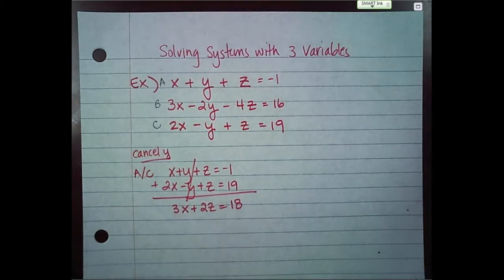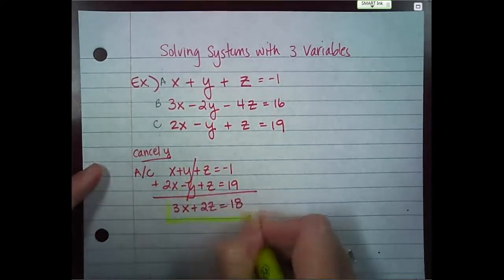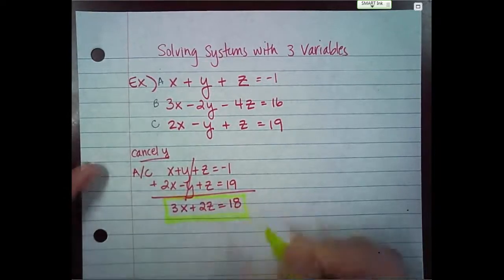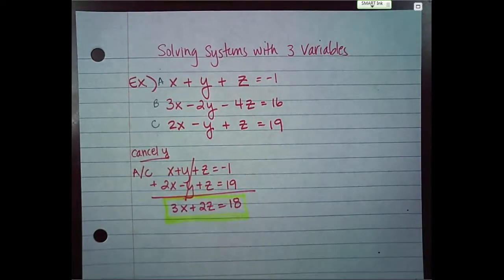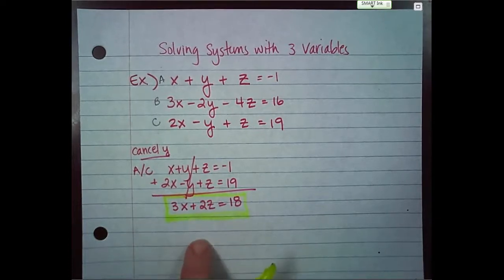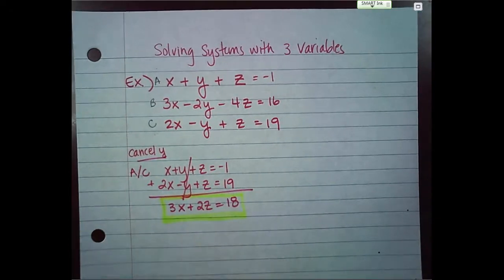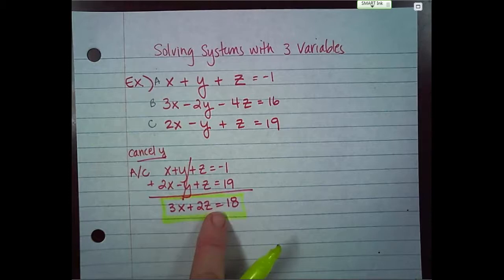How many variables do I have now? Only 2. Much more reasonable than what we're used to. But when you solve the systems, how many variables? There's 2 variables and 2 equations, right? I only have 1 equation. So your goal is to get another equation with which two variables do you think I want? X and Z. How did I create this one?